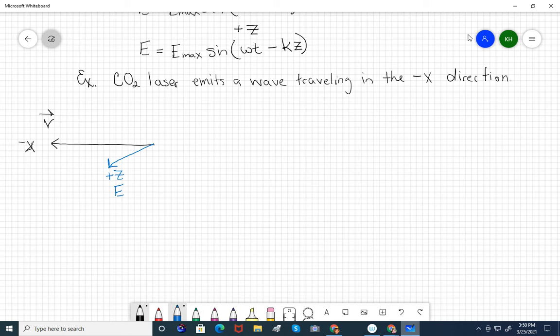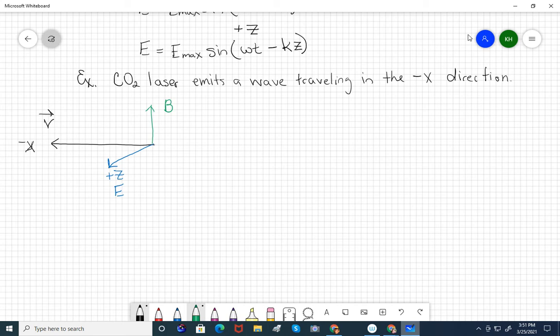With my thumb, I just have to think about it. I have to rearrange my hand. When I curl those fingers, I can see that B is going to be up. Takes a little time to figure out how to hold your hand, but you can see it. So I don't really know whether E's along the Z-axis or E's along the Y-axis, but I want to be able to practice that right-hand rule. It doesn't matter to solve the rest of the problem. Let's go on with the rest of the problem.